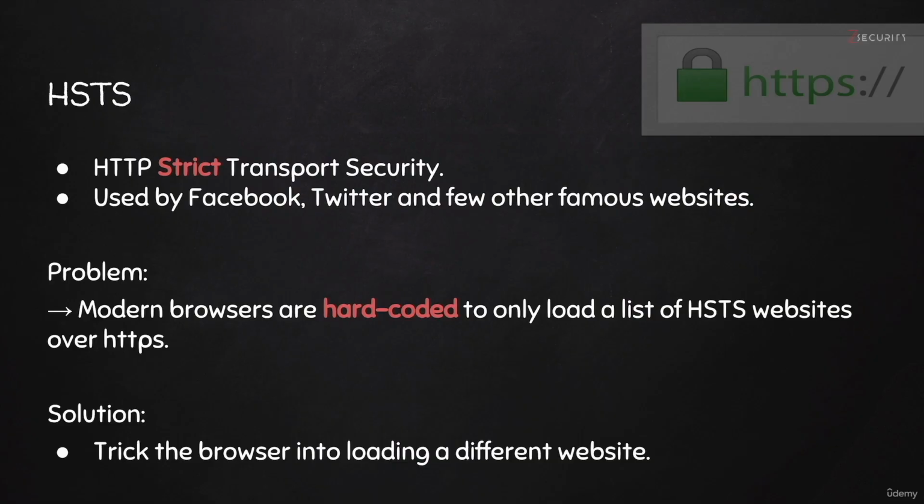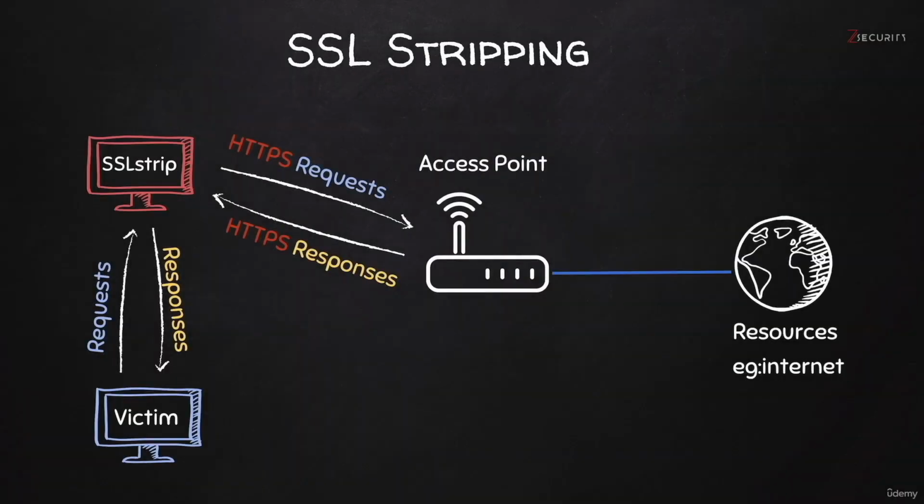The reason why it won't work against these websites is because modern web browsers come with a list of websites that they should only load over HTTPS. See, what we were doing in the previous lecture, whenever a browser requests a website, we load that website even if it uses HTTPS, but we always give him back the HTTP version.